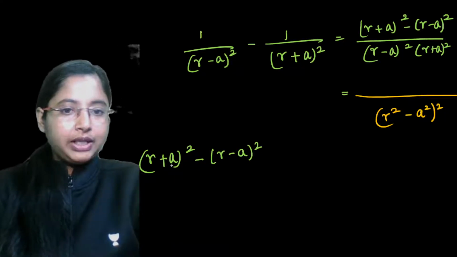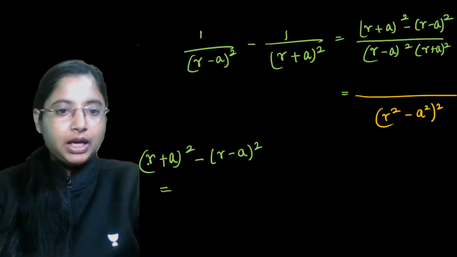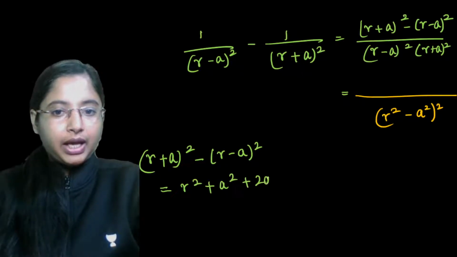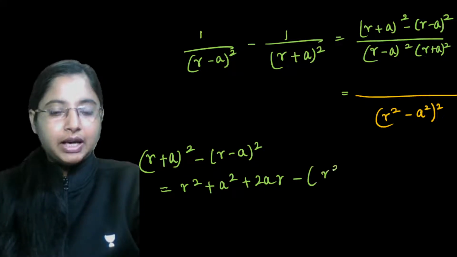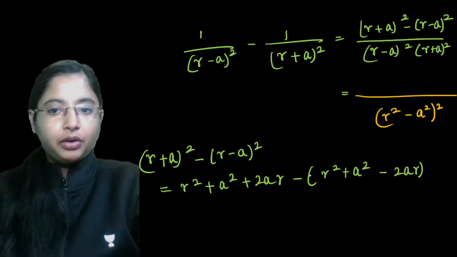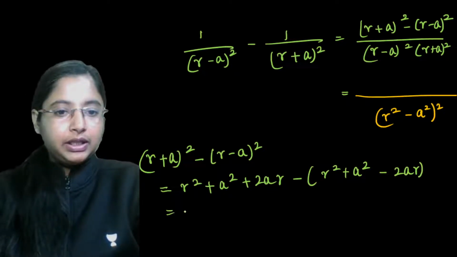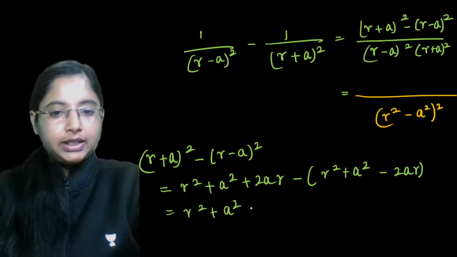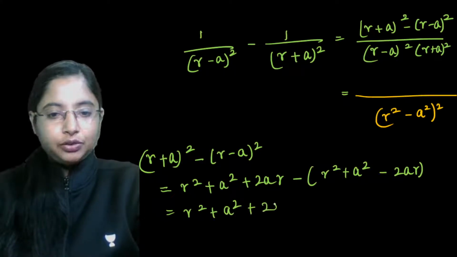Very simple, expand this term. (R plus A) square is nothing but R square plus A square plus 2AR, and (R minus A) square is nothing but R square plus A square minus 2AR. Now let's take the negative sign into the bracket.